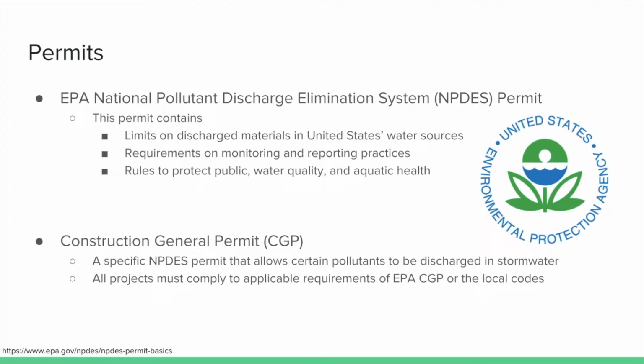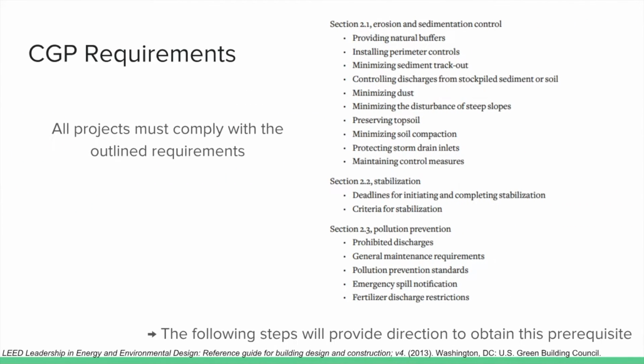For the CGP, there are 3 sections of requirements, the first one being erosion and sedimentation control. Some of these requirements in this section are minimizing sediment track-out, controlling discharges from stockpiled sediment or soil, minimizing dust, preserving topsoil, and protecting storm drain inlets. The second section of the CGP is stabilization.